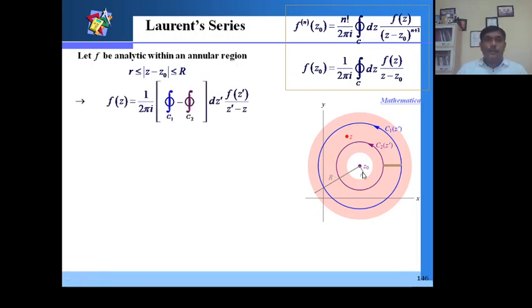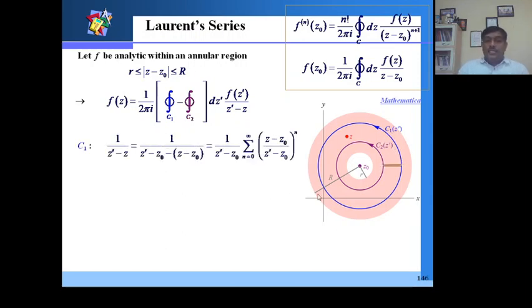And then this function f of z is 1 by 2 pi i, integral upon C1 minus integral upon C2, dz dash into f of z dash, where z dash lies on C1 and C2 in the annular region. Here for C1, we have z dash minus z0 against z minus z0, and another one we can make positive exactly the same way as we did in the Taylor series.